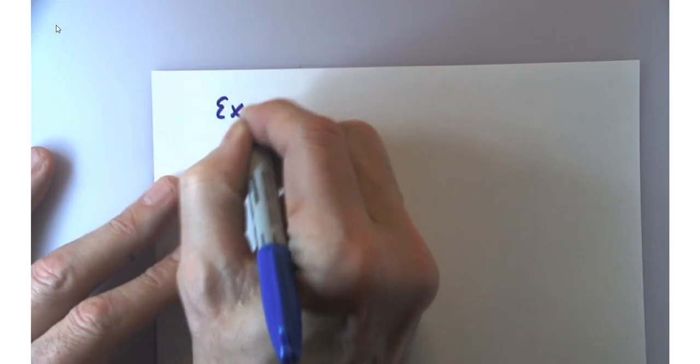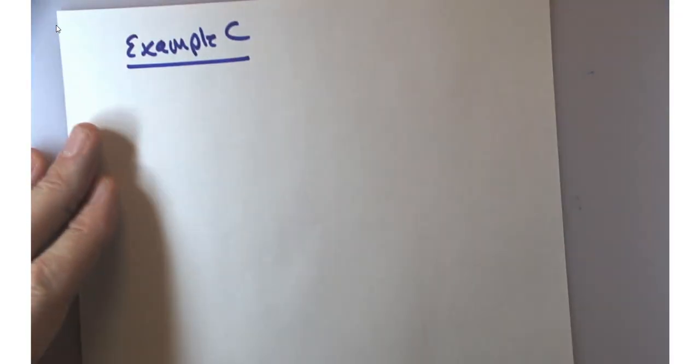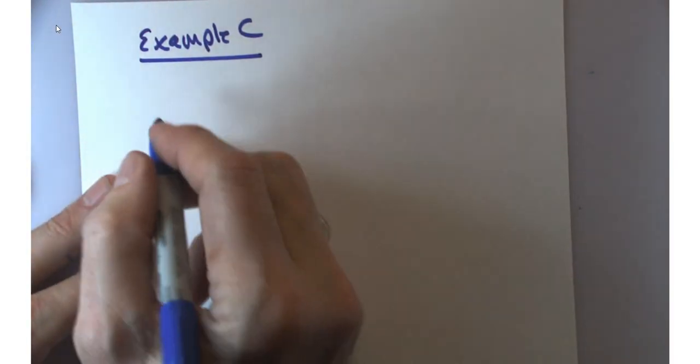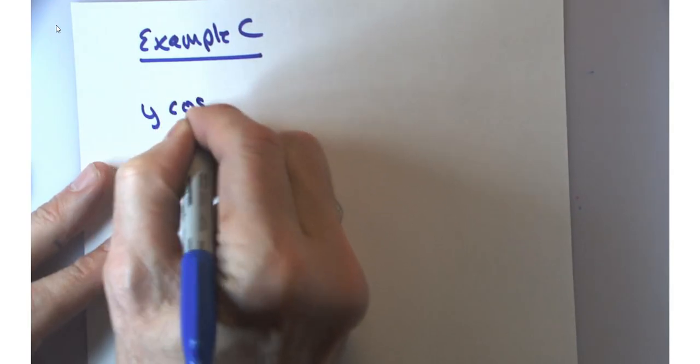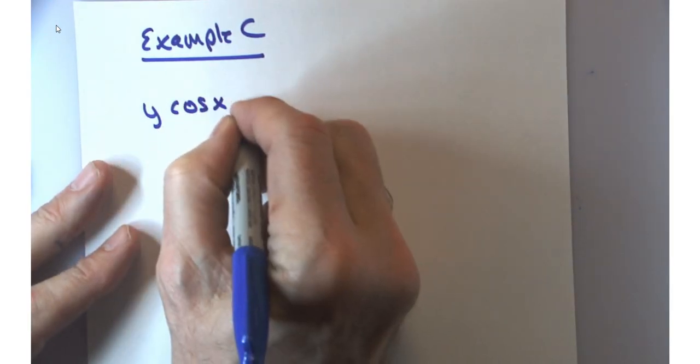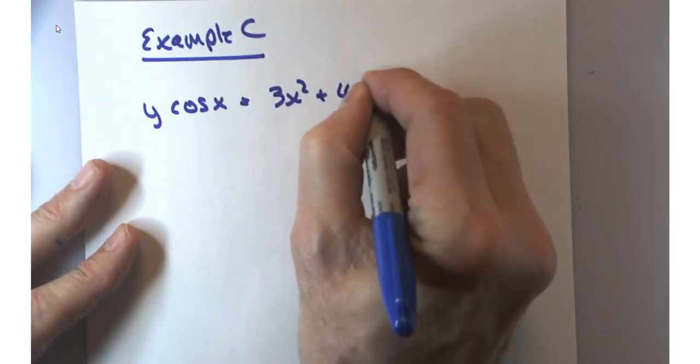Let's take a look at example C. y times cosine of x equals 3x squared plus 4y squared.